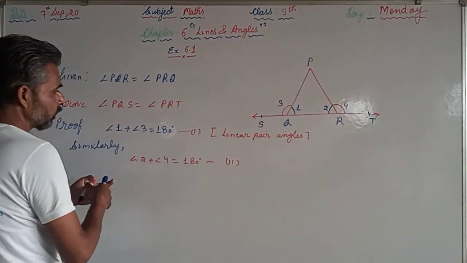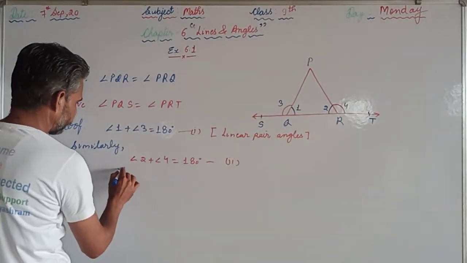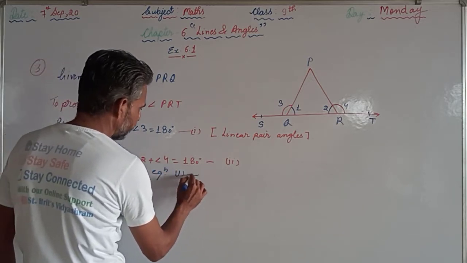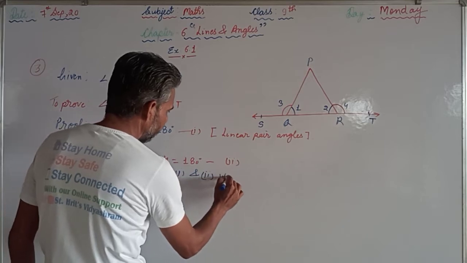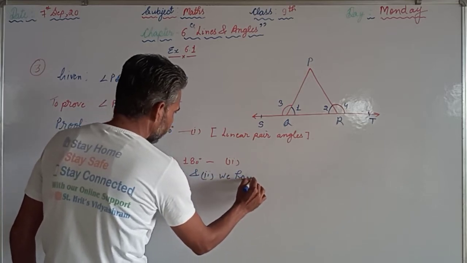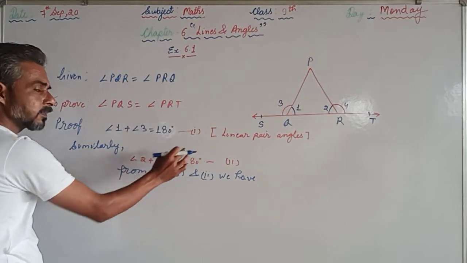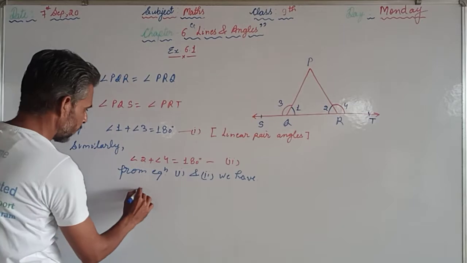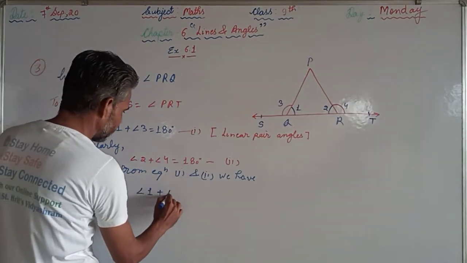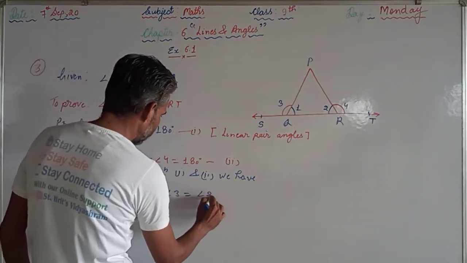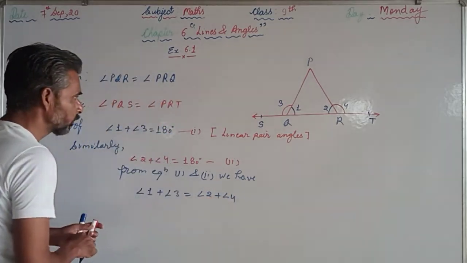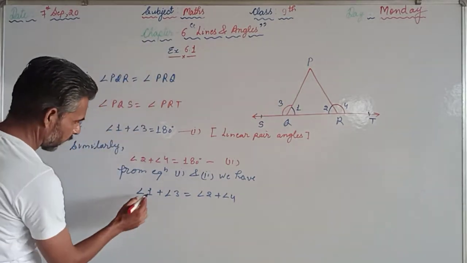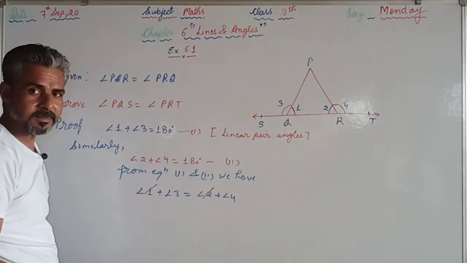So now from equation 1 and 2, we have that the right hand side is same, 180 and 180, hence the left hand side will also be same, means angle 1 plus angle 3 is equal to angle 2 plus angle 4, and angle 1 is equal to angle 2, that is given.